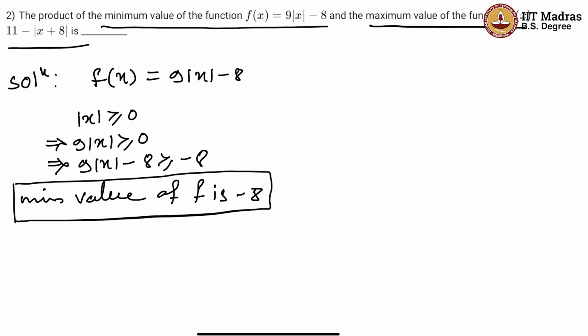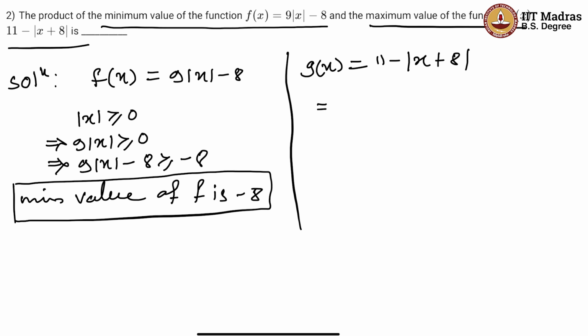Now we need to calculate what is the maximum value of g(x). So our g(x) is 11 - |x + 8|, right? So clearly we can split the function into two different intervals, right? If x is less than -8, then this term will be negative, then it will be 11 + (x + 8), which is okay.